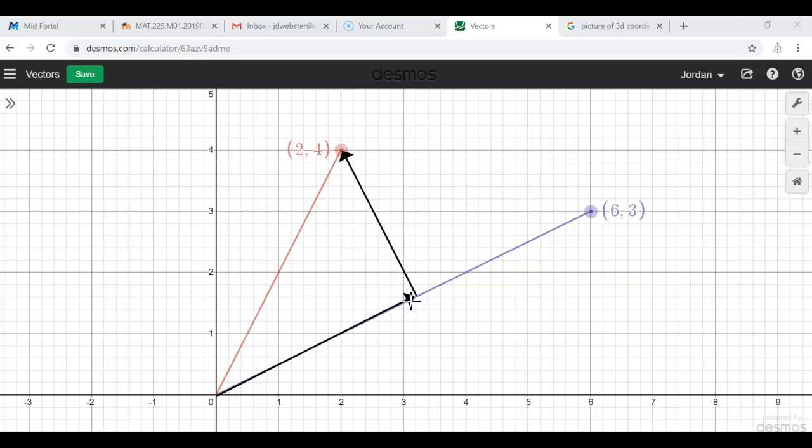This might be a little bit off. So this here is my projection, and this is my orthogonal component. So we're projecting onto the 6, 3, and we're using an orthogonal component.